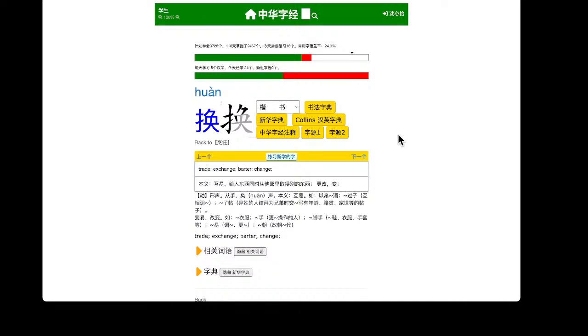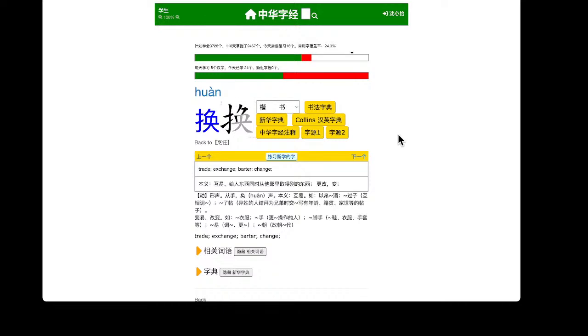So that's called 换. That's the original meaning. But now it's not strictly used in that kind of trade, rather in any kind of exchange in general. 换衣服, for example, means you change your garment.